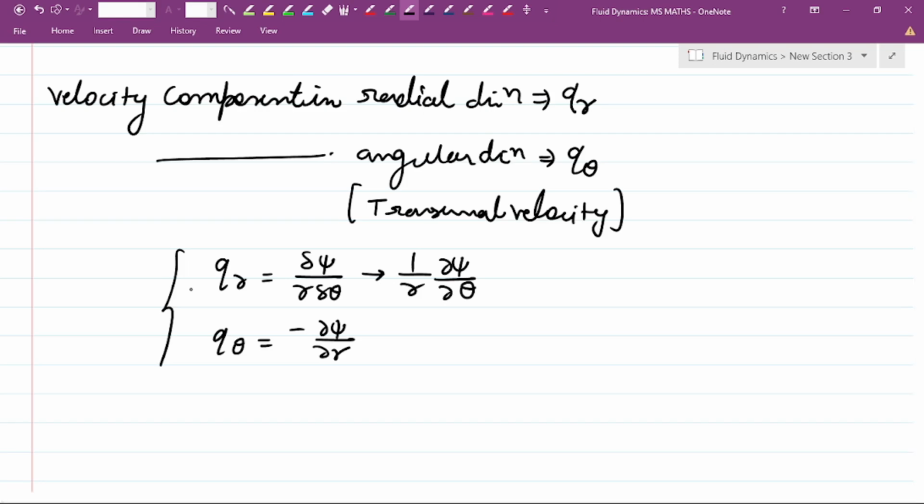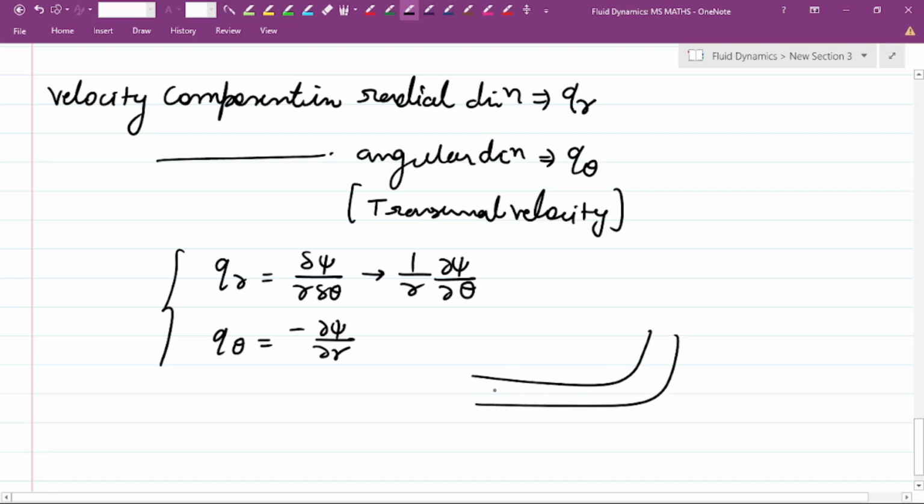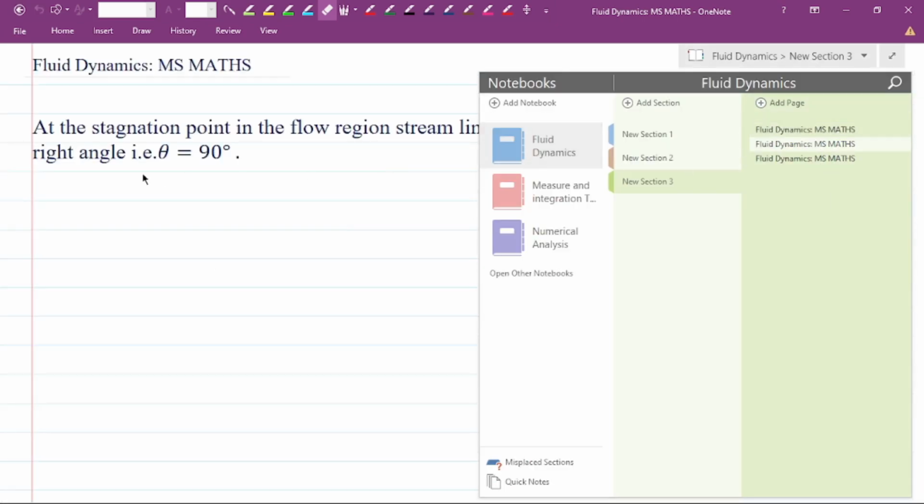For a particular case, at the stagnation point, where θ is 90 degrees, the velocity of the fluid is 0. We saw in the pitot tube, if fluid enters from here and goes upward from here, then at this point the velocity of the fluid is 0, which means θ is 90 degrees.